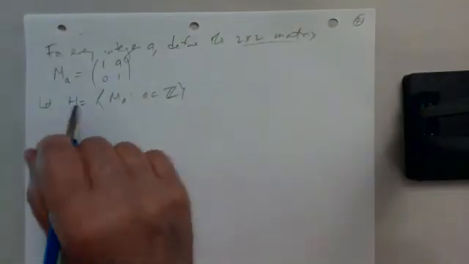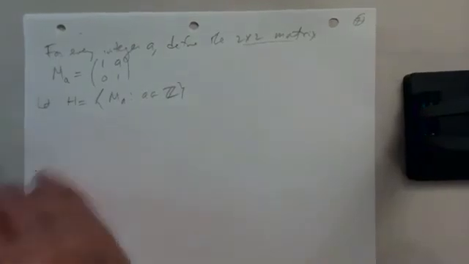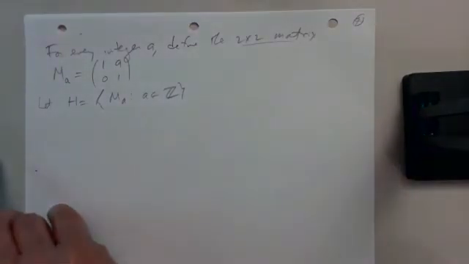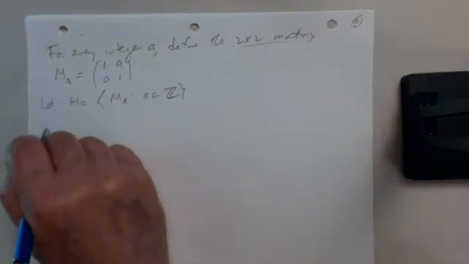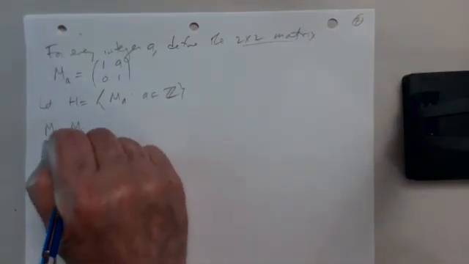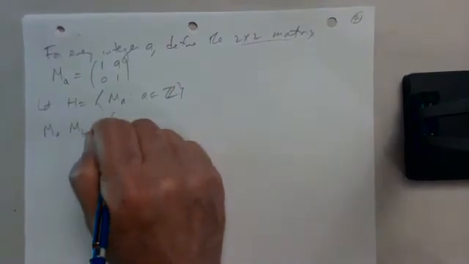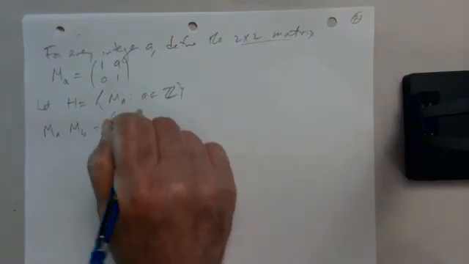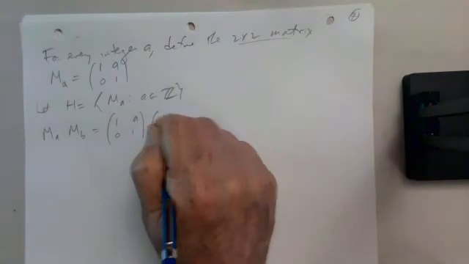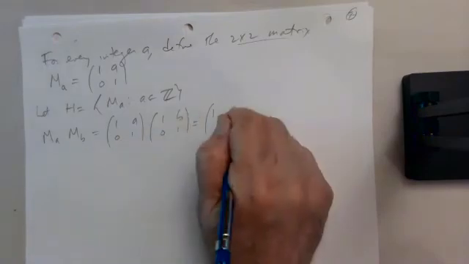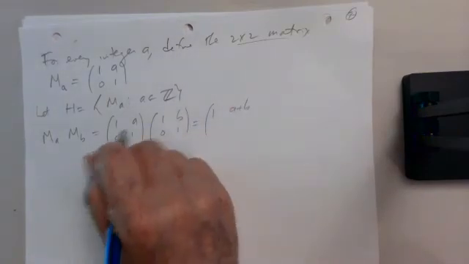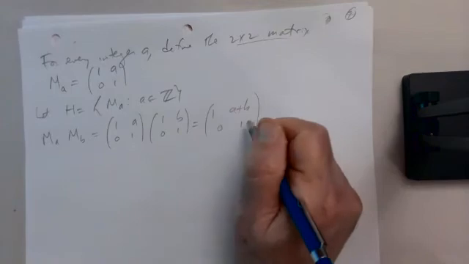Now, I claim this set is closed under matrix multiplication. So you have to know how to multiply 2-by-2 matrices. If you take MA and MB, that's the matrix 1, A, 0, 1. MB is the matrix 1, B, 0, 1. If I multiply them, I get 1, A plus B, 0, 1.